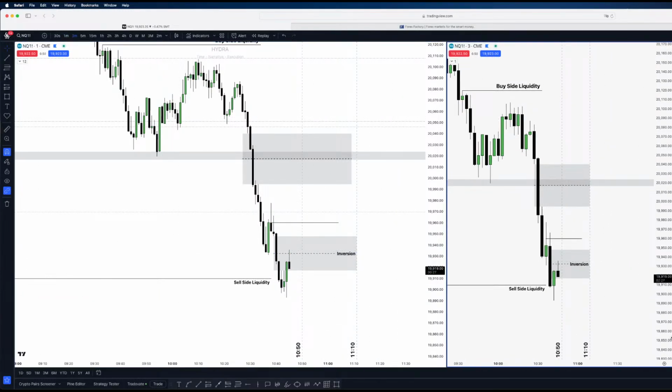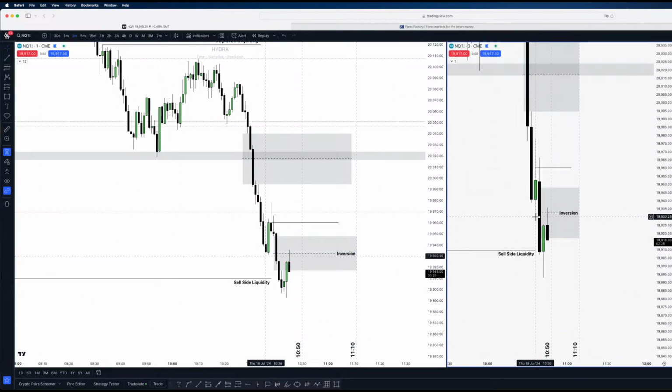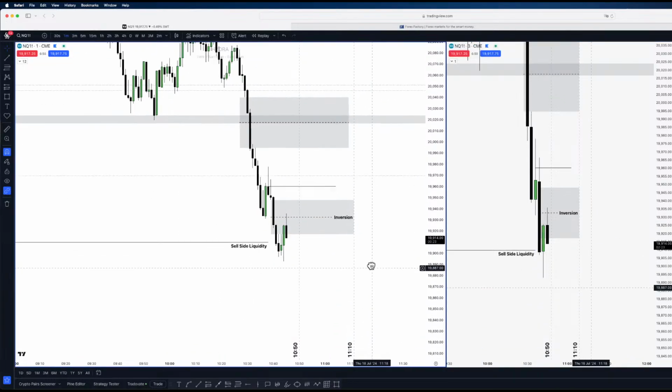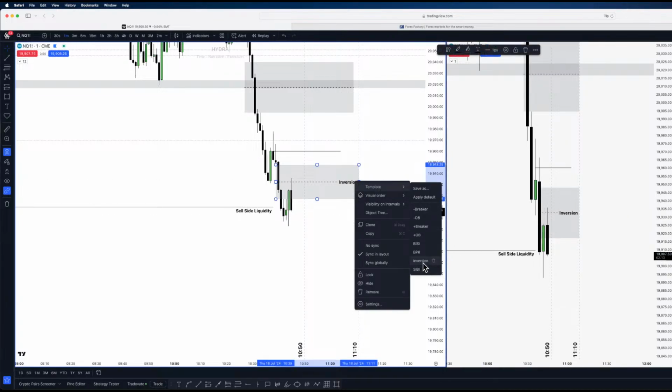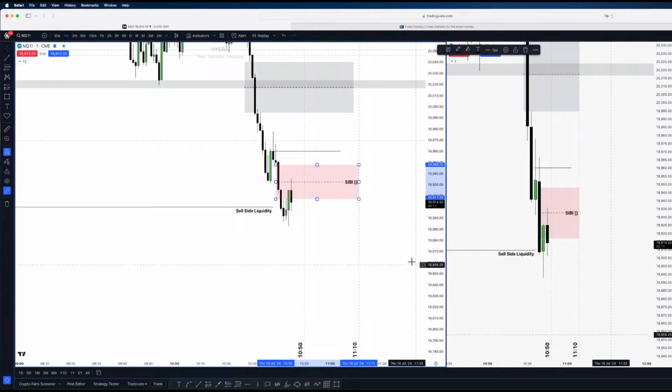Well, 3-minute has another fair value gap. No, I don't think we'll have a reversal today.